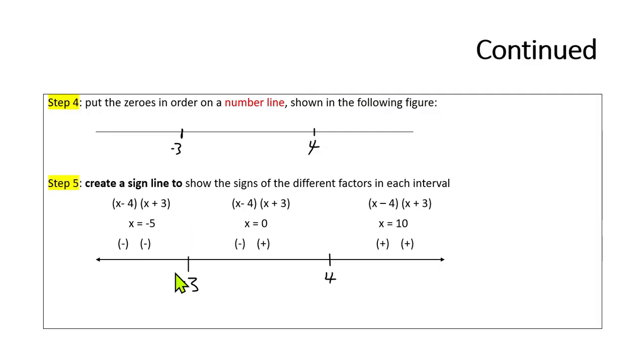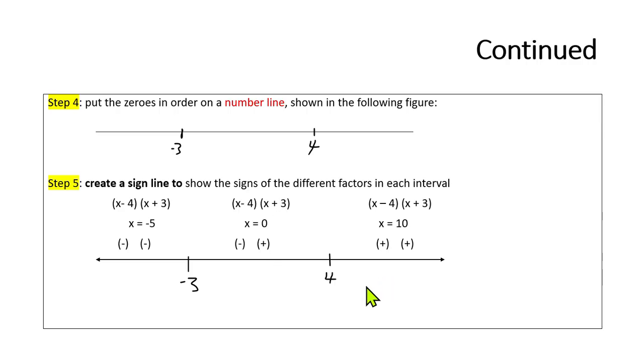So for x less than minus 3, consider x minus 4 and x plus 3. In this region, take x equals minus 5: minus 5 minus 4 is minus, and minus 5 plus 3 is minus. Between minus 3 and 4, for the first term x minus 4, you put 0 and get minus 4, so minus. Put 0 in the second factor, it makes 3, so plus.